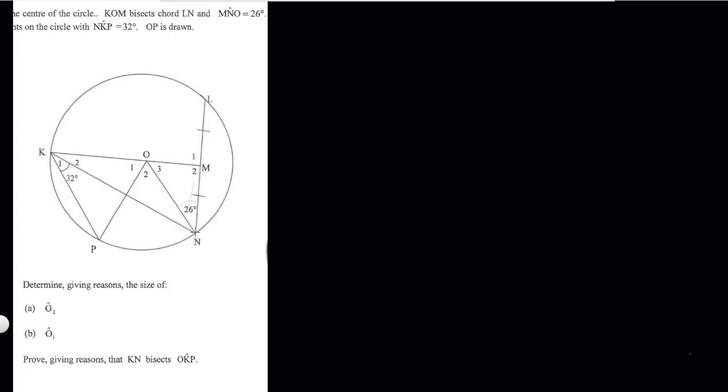Now, from N we move to K, and from P we move to K. You can see this angle goes there, and so this angle at the center is double the angle K1. So we say the angle at the center, O2, will be double angle K1. So this will give us 64.